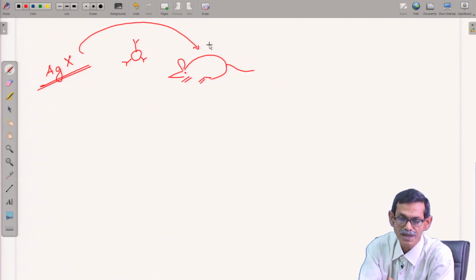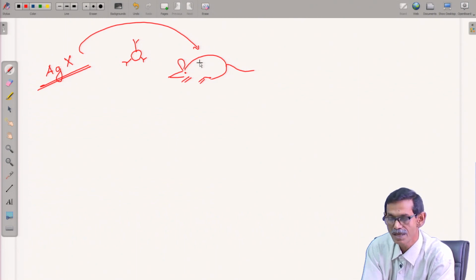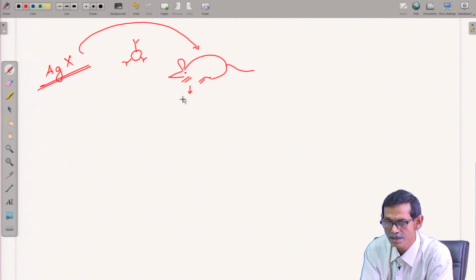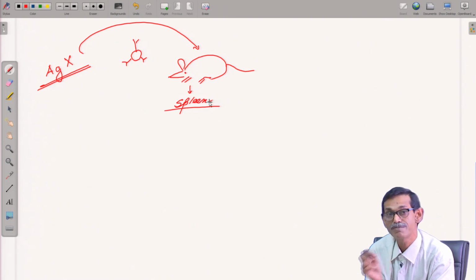What will happen if I inject antigen, say 1 time, 2 times, 3 times, depending on how good your antigen is. So, after say the second booster, I will isolate the spleen, because from the spleen I will get many B cells which are already primed with that.